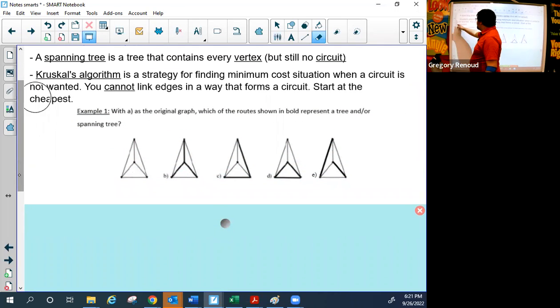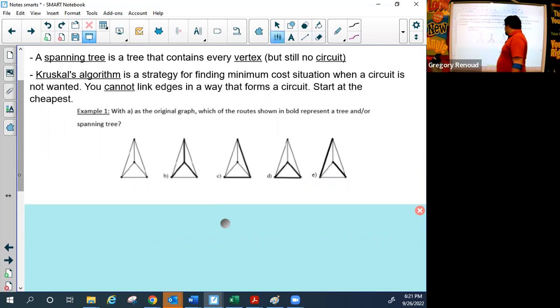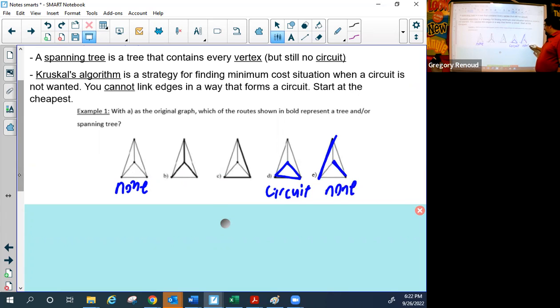But first, let's just talk about these pictures. This is obviously nothing. None of our edges are highlighted. I'm going to jump around here. D, that's a circuit because it's a closed loop. E is nothing. It kind of looks like a tree, but the problem is it's disconnected. If it's not connected, it can't be a tree. C is a tree. We run along edges.